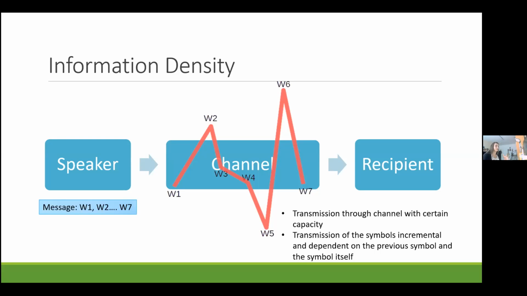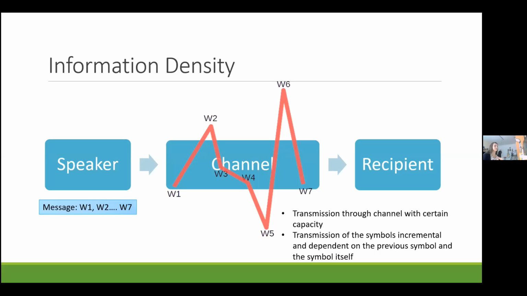So word 2 would be far too surprising, would have too much information to be fully processed when it's combined with word 1 at the beginning of the sentence. Word 5 would be too unlikely, and word 6 in this combination, in this frame, again too unlikely. Sorry, word 5 would be too likely.